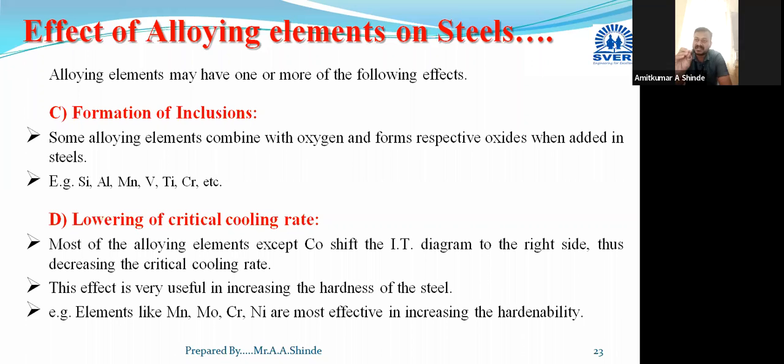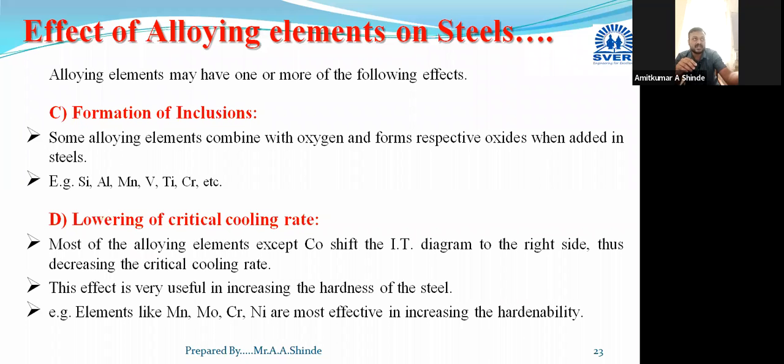When this critical cooling rate is applied, it will give you the desired structure which will provide the desired maximum hardness in that steel. And what is the effect of these alloying elements on this critical cooling rate? It will decrease the critical cooling rate, meaning you can harden that material easily.